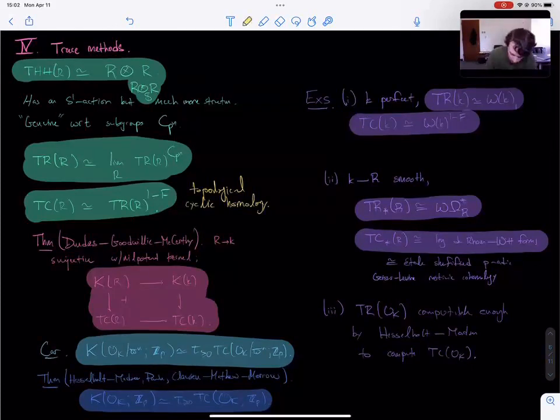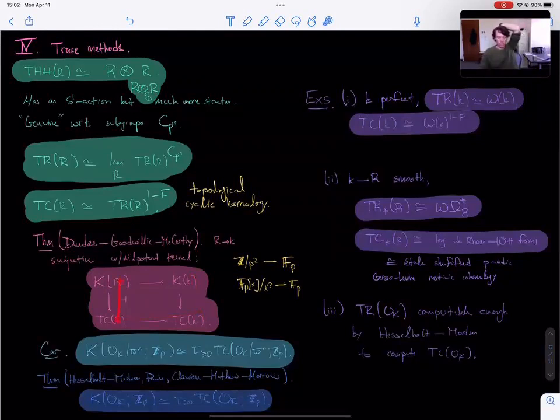An example to bear in mind would be Z mod p squared down to F_p, or F_p adjoin x mod x squared to F_p, or a larger quotient, Z mod p to the n. In that setting, I get a pullback square of spectra.